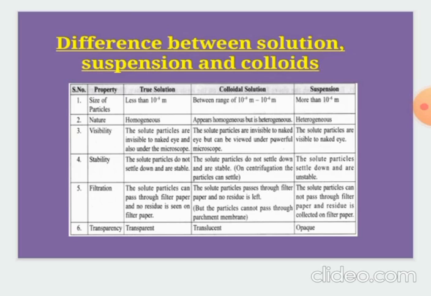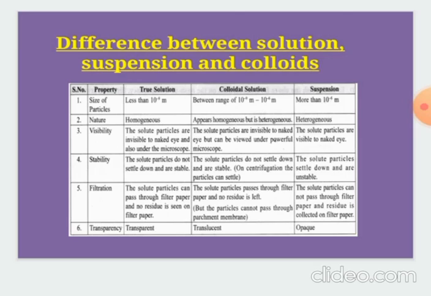The fourth property is stability. In a solution, solute particles do not settle down and are stable because they are evenly distributed. In the case of colloidal solution, solute particles do not settle down and are stable. In the case of suspension, solute particles settle down and are unstable when left undisturbed.